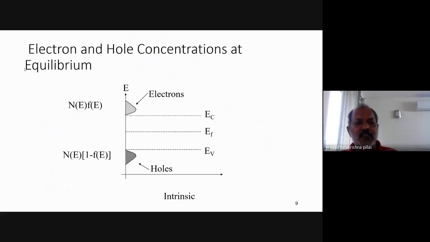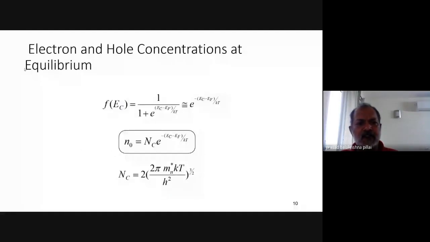The density of states and the carrier concentration will be very large close to the valence band and conduction band edges.